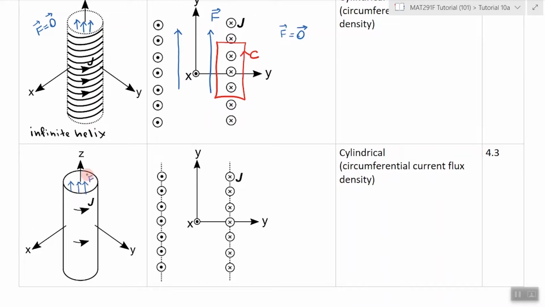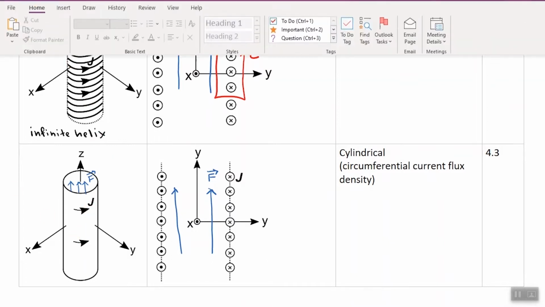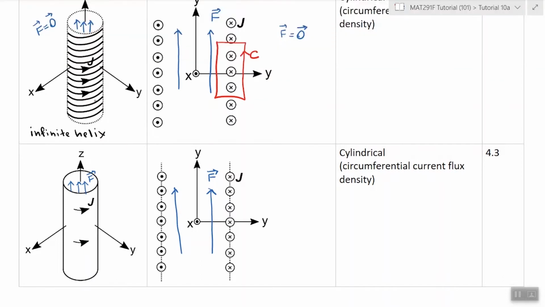Sorry, I meant the field would look very similar to the infinite helix. And the contour you set up would also be the same.